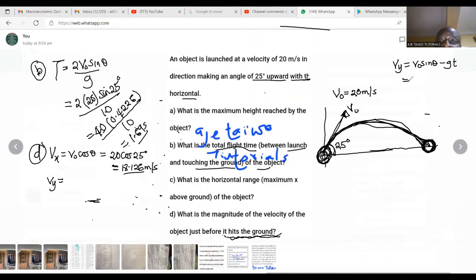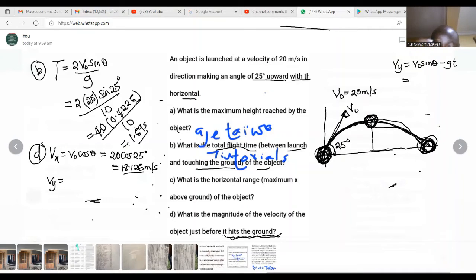It can be time of flight. If you say time of flight over 2, it means you are here. Every time it takes to go from here and get here is time of flight over 2. But in this case, it's the time it takes to leave this place and land here, and that's time of flight.